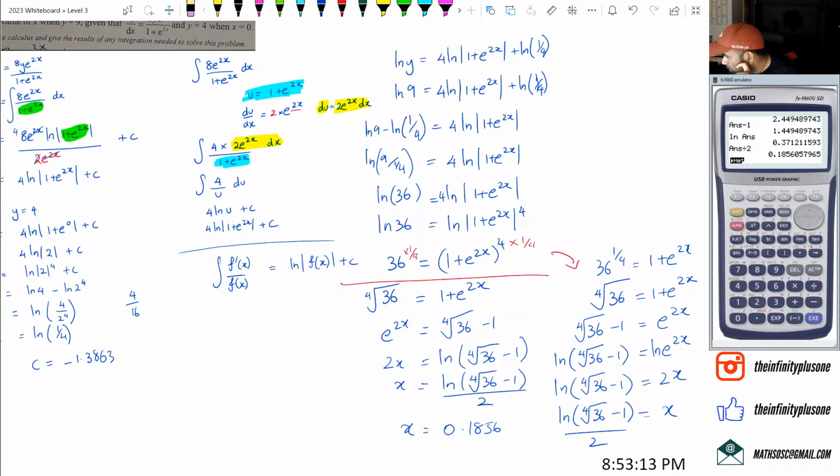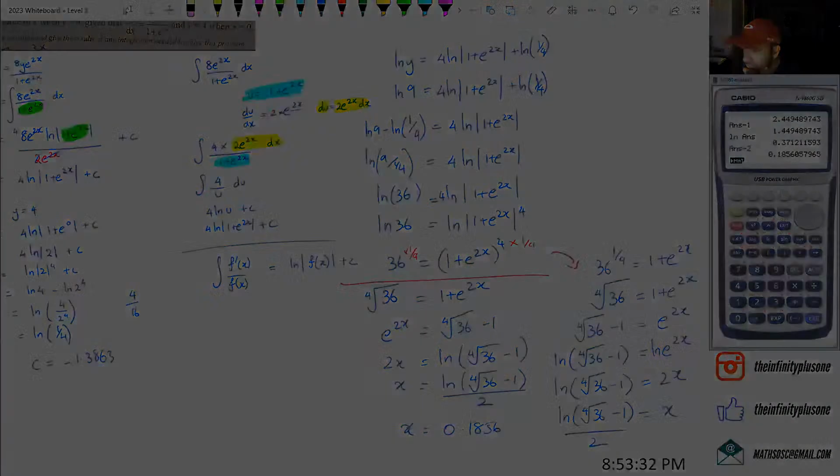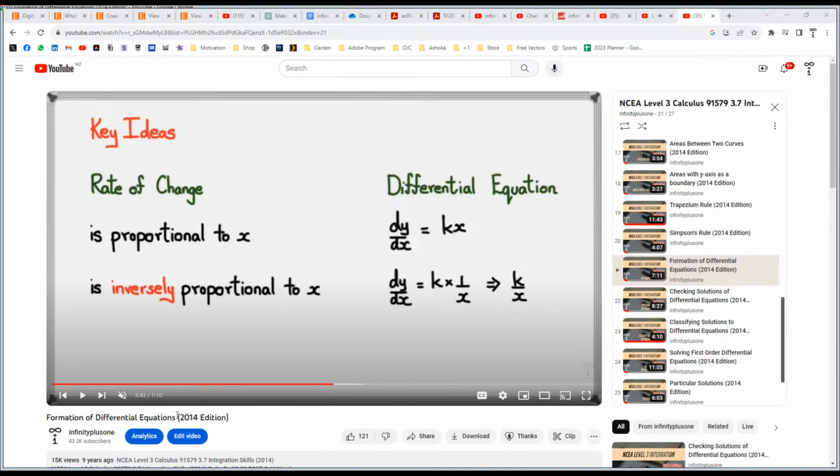I had it in one of my notes. Okay, here we go. Formation of differential equations is the one you want to have a look at, Musical Gamer.